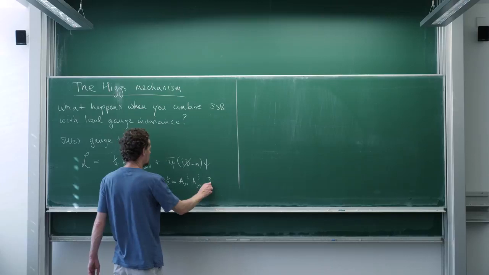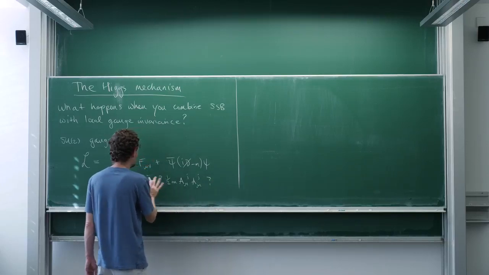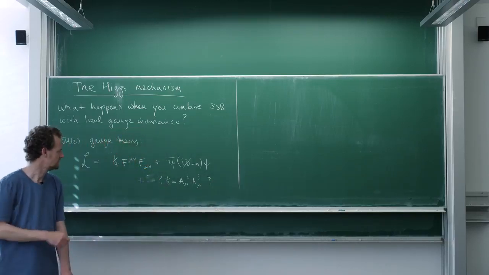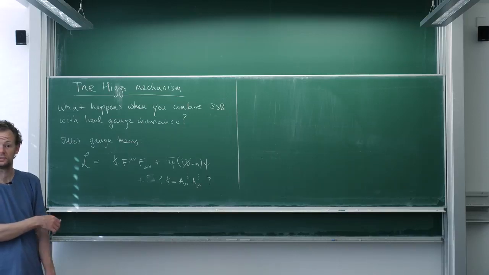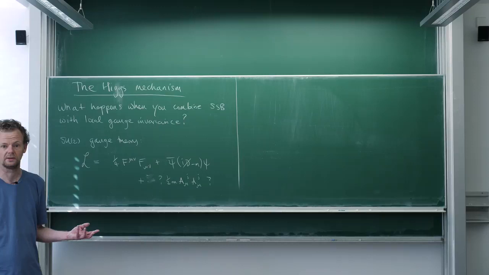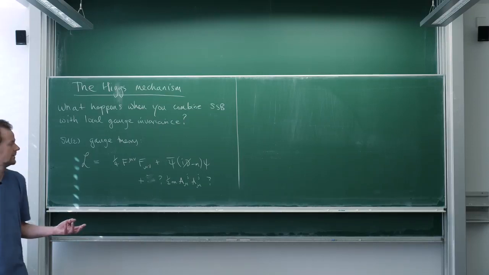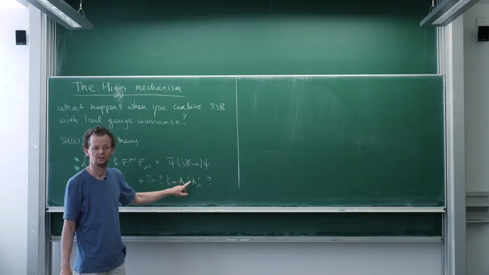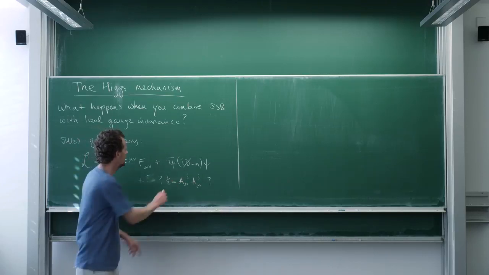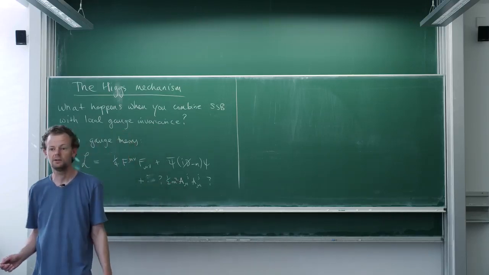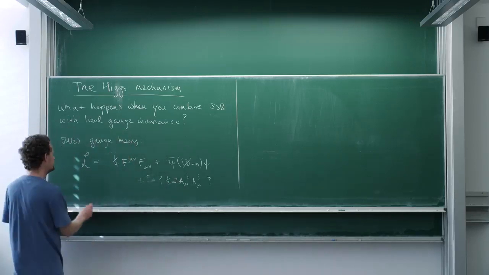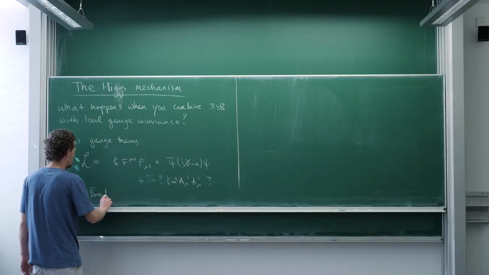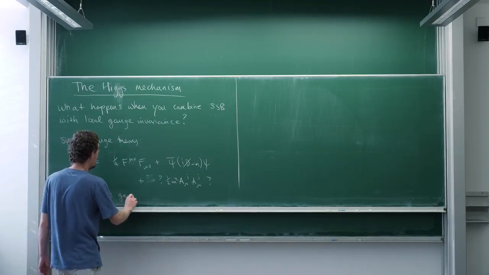And so, why would you like to do that? Because these particles exist in nature. It turns out that in the theory of weak interactions, there are massive gauge bosons. So we see them, so we better be able to model them. But if you naively put a mass term here in the Lagrangian, then this actually breaks gauge invariance.